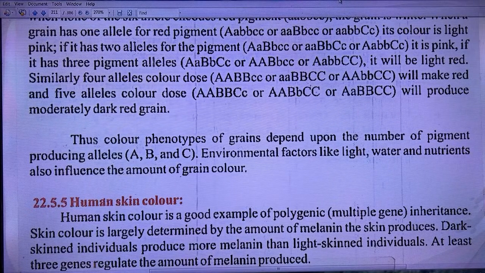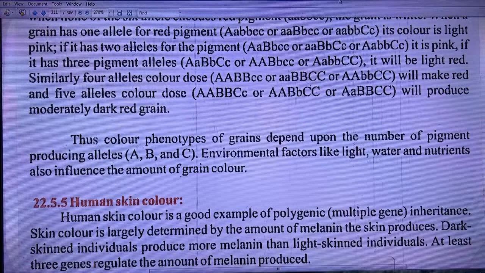If it has two alleles for the pigment, capital A, capital B, small c, or small a, capital B, capital C, or capital A, small b, capital C, it is pink. If it has three pigment alleles, it will be light red.